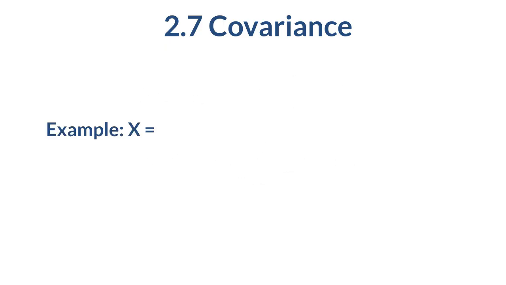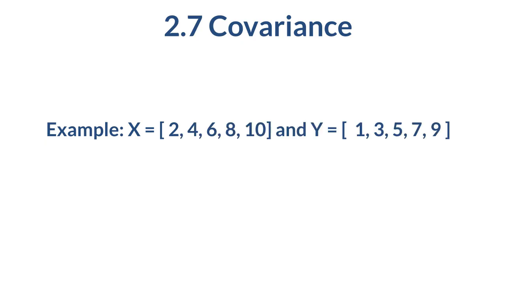Example: x is 2, 4, 6, 8, 10, and y is 1, 3, 5, 7, 9. Let's go through the steps using the Texas Instruments BA II Plus calculator to compute covariance. Step 1. Input the data into the calculator. 1. Clear the memory. Press second then data, then press second then CLR work to clear any previous data in the memory. 2. Enter the data for variables x and y. 3.